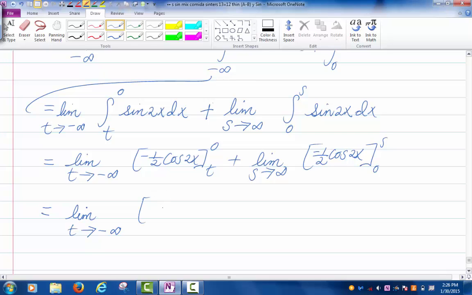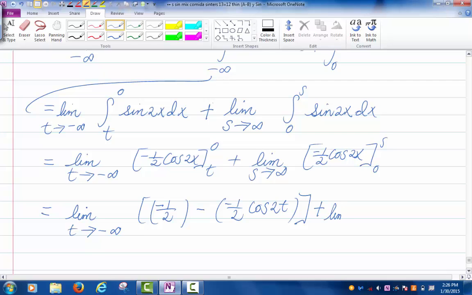If I plug in 0, cosine 0 is 1, so I get negative half minus polygons. So generally, feasible regions should be polygons. But I'm also including the cases where I might have an infinite feasible region. We'll see some examples. If you want, you can combine the negative half, so that's a negative polygon plus f.